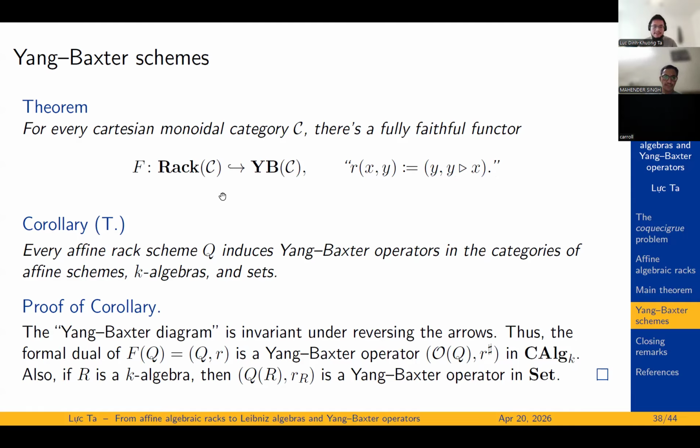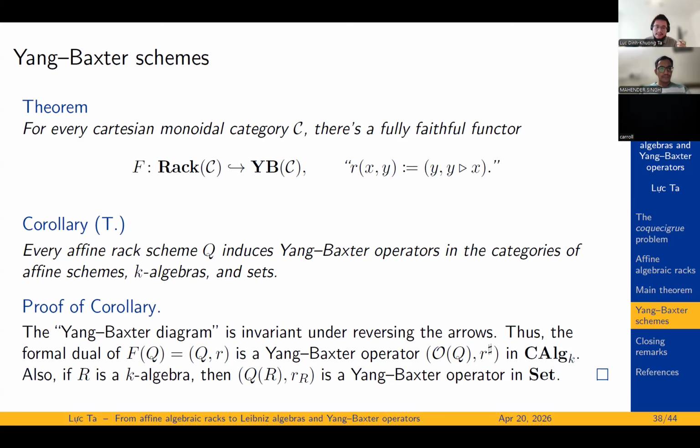So in particular, if we take C to be the category of schemes or affine schemes, then what we get is that every affine rack scheme induces a Yang-Baxter operator in affine schemes, which is given by this.